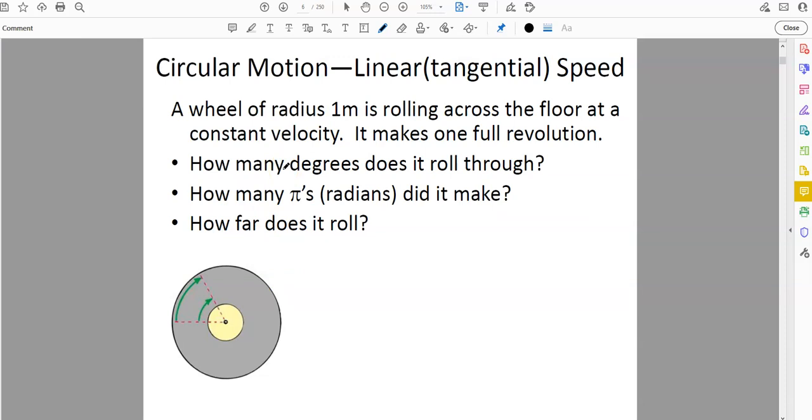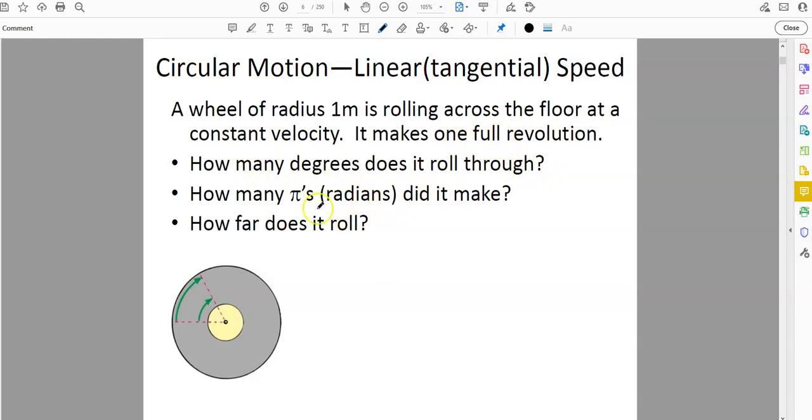Suppose you had a wheel with a radius of 1 meter, rolling across the floor at a constant velocity. And it makes one full revolution as it's rolling across the floor. Could you just take a moment to tell me how many degrees does it roll through in this one revolution?